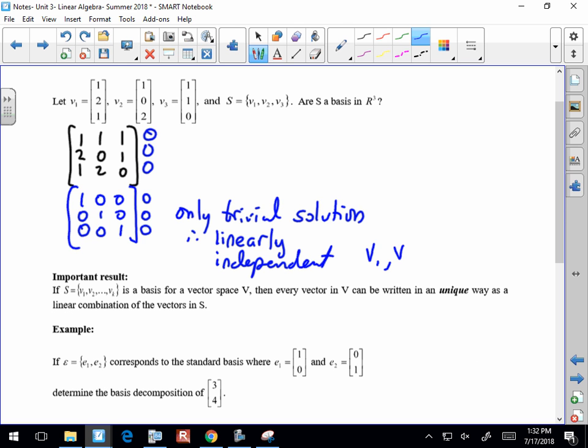V1, V2, V3 form a basis for R3. All right. And again, that means that you can write any vector in R3 as a linear combination of these 3 vectors.